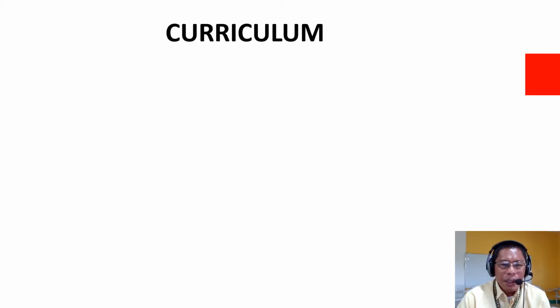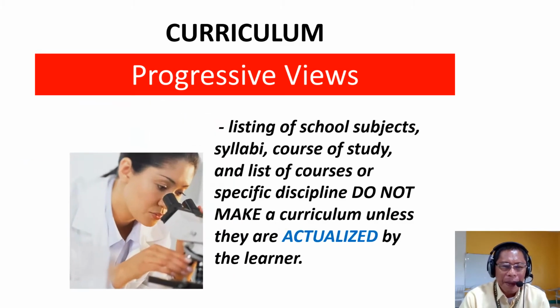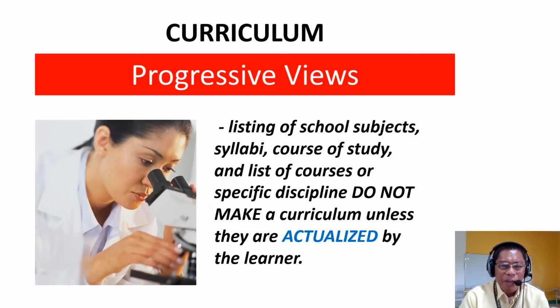So, in addition to those traditional meanings of curriculum, there are progressive views, there are progressive interpretations, there are progressive meanings of the curriculum given to us by more recent educational thinkers. Because you see, these people do not believe that a mere listing of subjects, that a mere enumeration of topics or subjects to be covered within one term, such as a semester, is a curriculum.